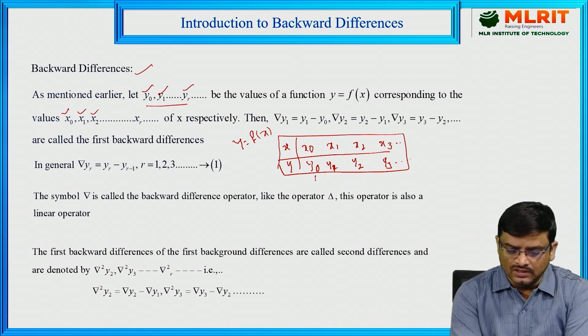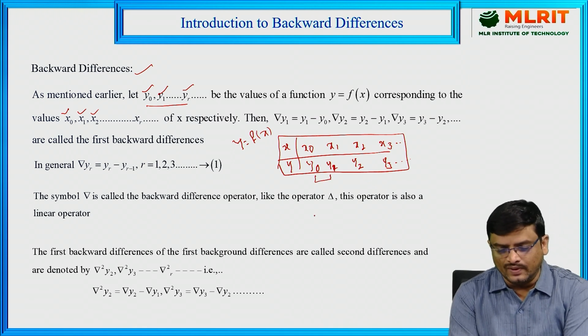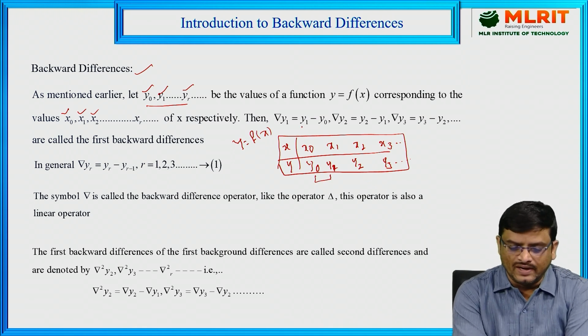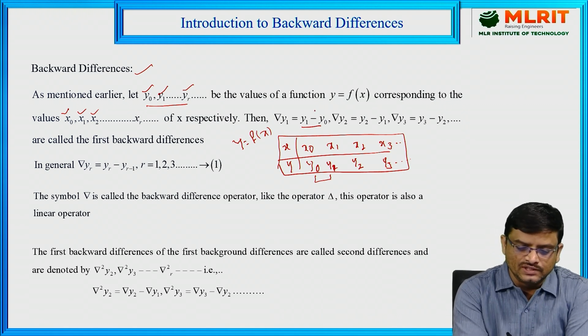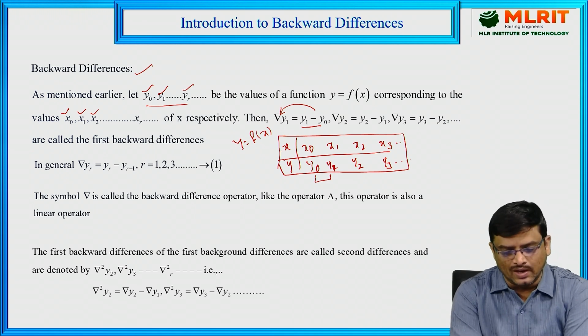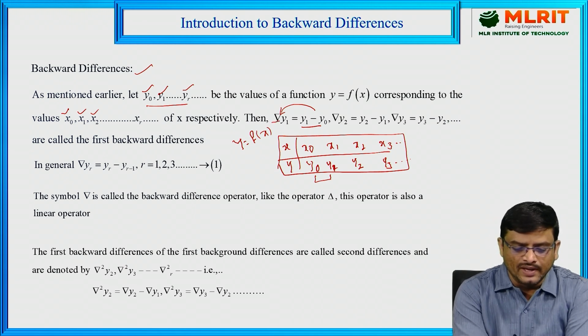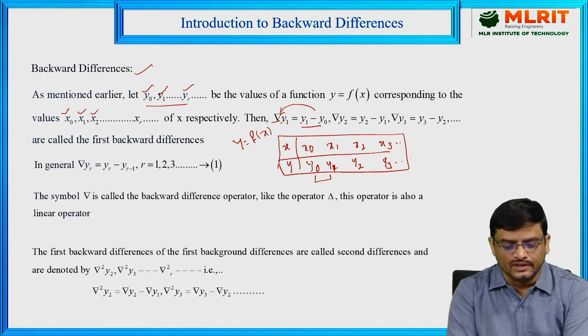Now take the first two values of y, y0 and y1, and find out the difference, y1 minus y0. This difference is represented with del y1. So this del represents the backward difference operator here.